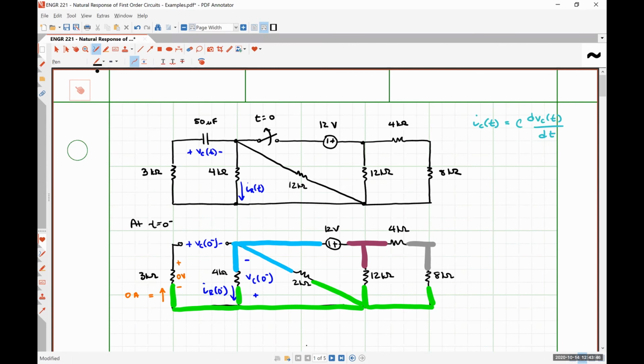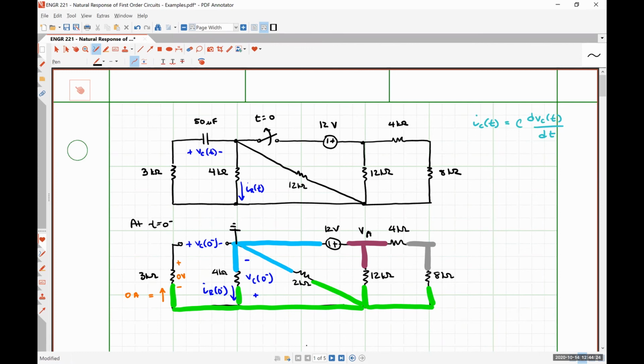Where would we want to set our ground? I'm sorry, what was that? On the green. Okay, I disagree. What were you saying, Kendra? Yeah, so the reason why I disagree with your statement, Mr. Foyle, is because if I put my ground here, then this node, let's call it VA, is given, right?